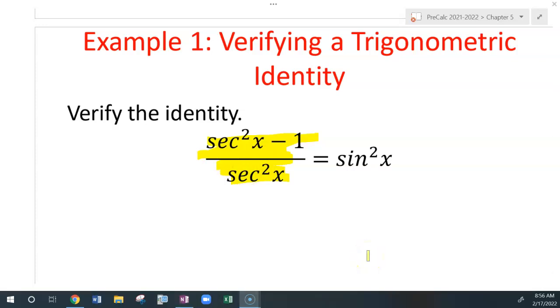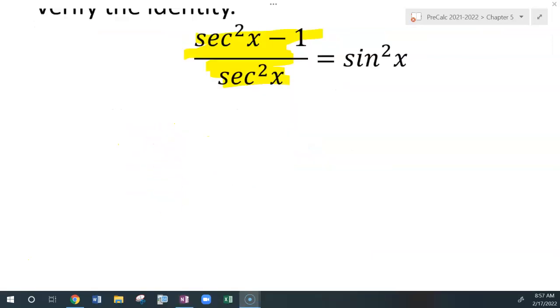All right, so the first thing I notice is that I have secant squared theta minus 1. And if I put in a Pythagorean identity for secant squared, this is what I get: tangent squared theta plus 1. I'm plugging that in for secant squared, and then I still have the minus 1.